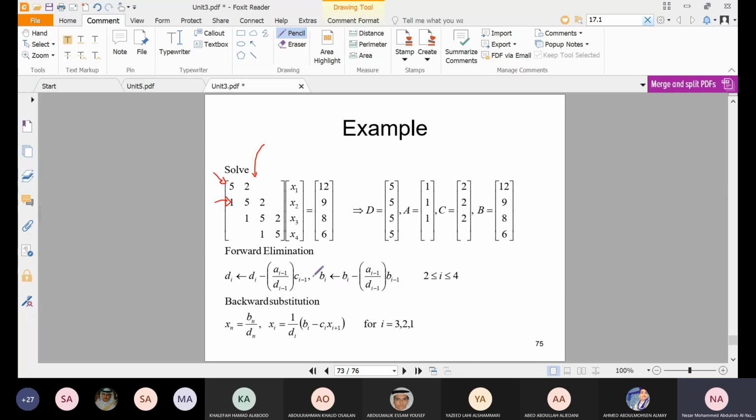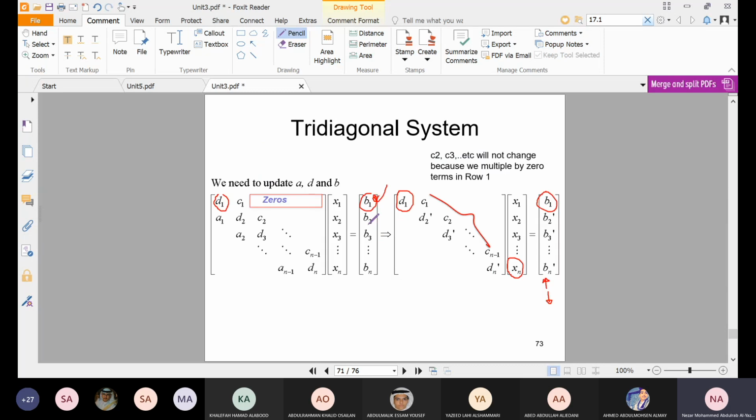We just try to update the matrix, because what we have, as we know, is Gaussian elimination. If I apply Gaussian elimination here, I will have an upper triangular matrix, because below the main diagonal are zeros.